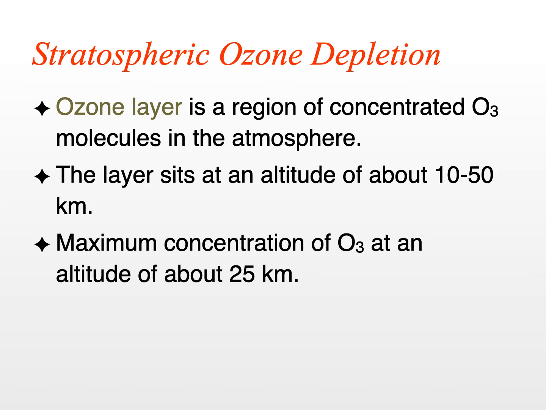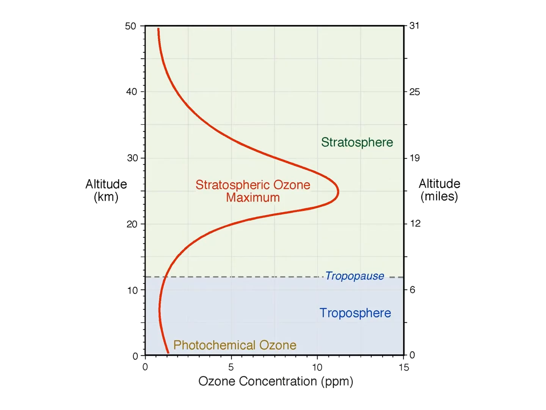So, within the Earth's atmosphere is a zone where ozone molecules are concentrated, and we call this zone the ozone layer. The ozone layer sits at an altitude of about 10 to 50 kilometers, with a maximum concentration at about 25 kilometers.